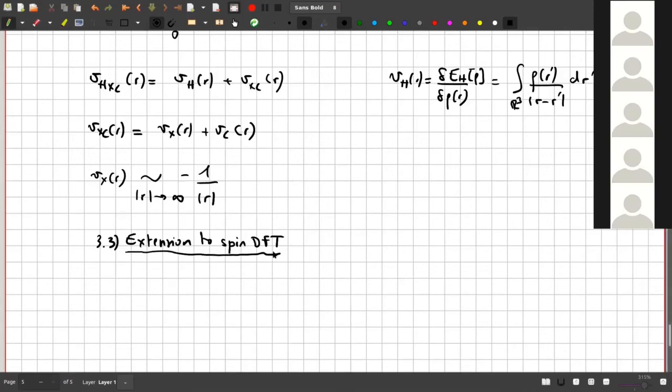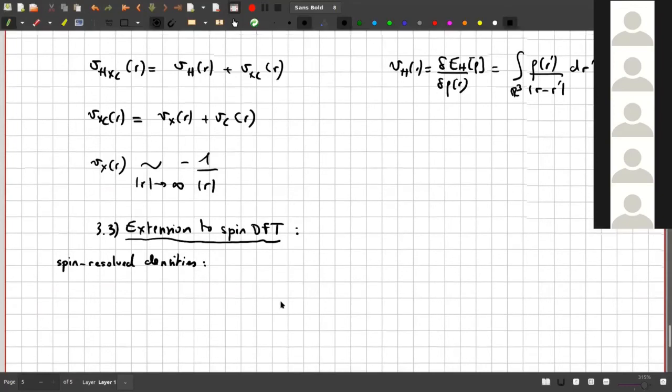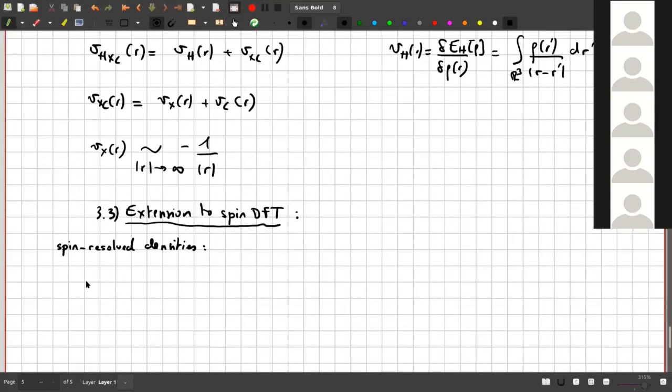So what do I mean by that? I mean that instead of having functionals of the density rho, I can introduce spin-resolved densities. Okay, so what is the spin-resolved density? Well, this is rho of r and sigma. So now the sigma can be spin up or spin down. Okay, and it is defined in a similar way as before. So N, I integrate the wave function of x1, x2, ..., xN squared.